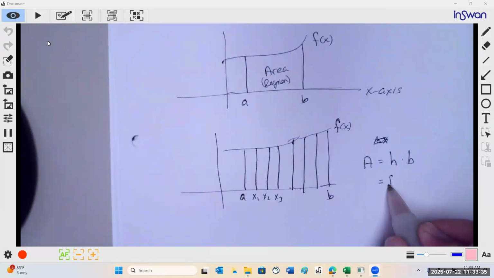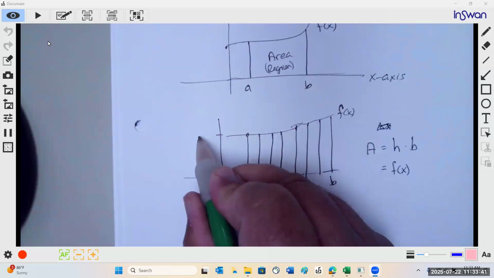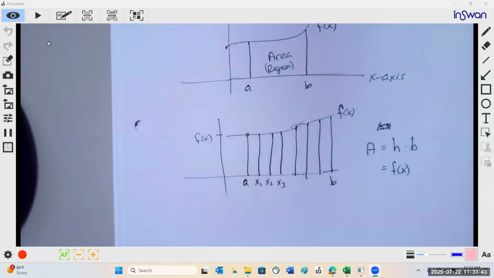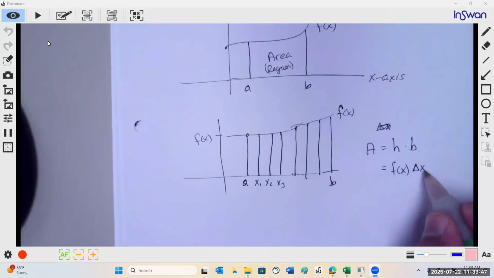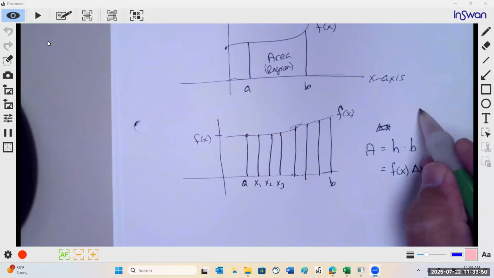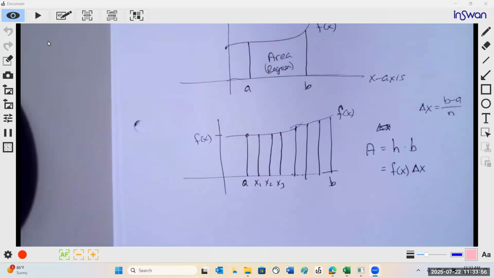The height is designated by the function itself, because the function gives us the height at the x value. The width is designated by delta x. Typically, delta x is equal to b minus a over n, where n tells us how many intervals we want. The bigger n becomes, the more accurate our area becomes.